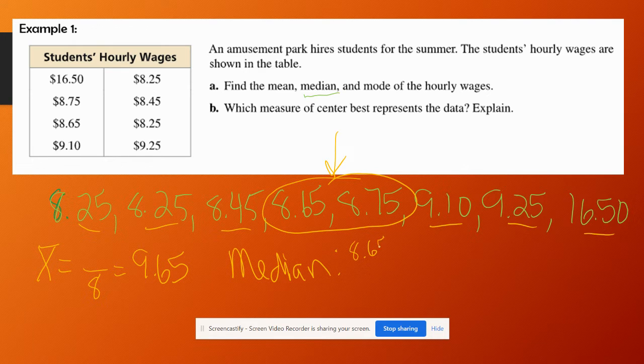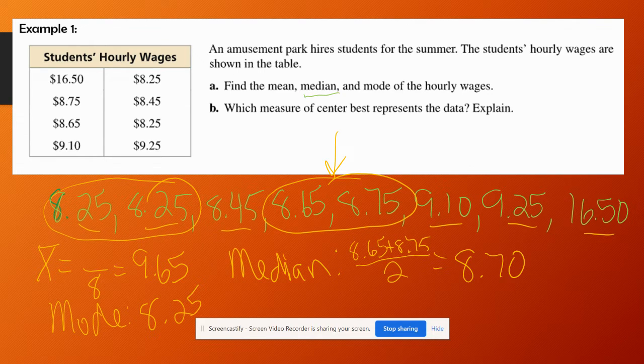So 8.65 plus 8.75 divided by 2 gives us a median of 8.7. And then our mode is 8.25 because 8.25 comes up twice in our list of values. So that is our mean, our median, and our mode.